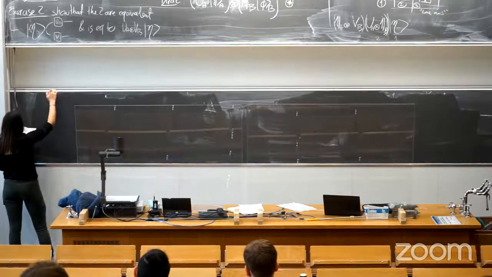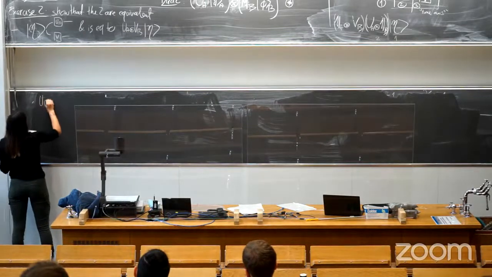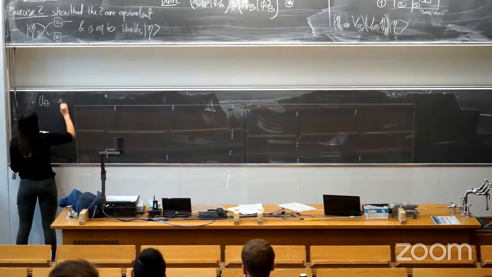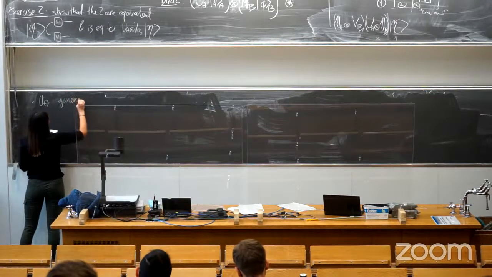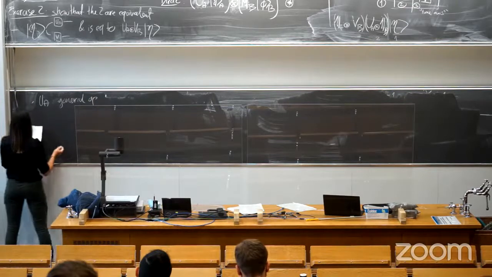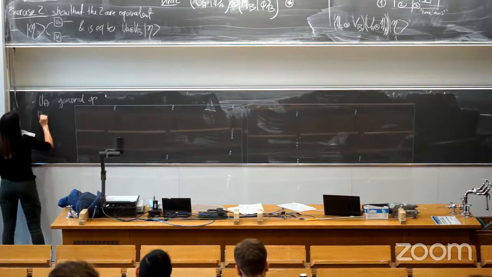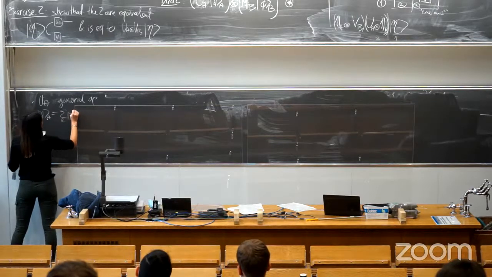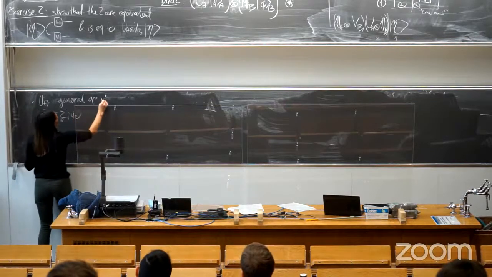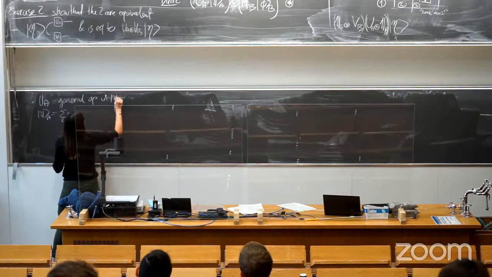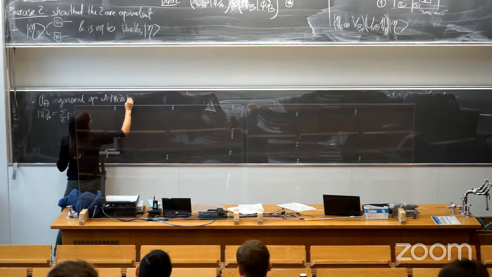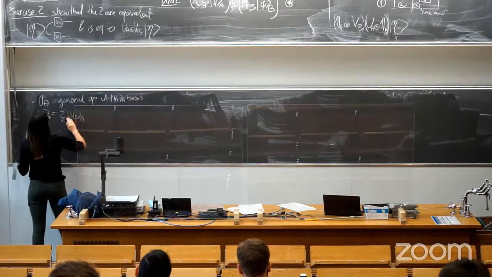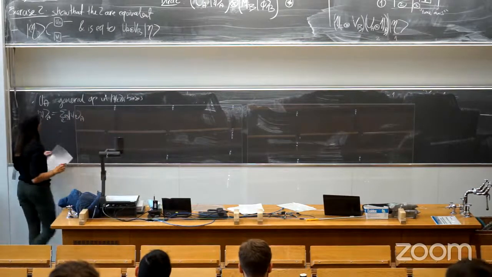If you take U_A, the most general operator, and then psi_A as a sum over l of alpha_l in the basis, this will be a sum over the basis states with a coefficient.